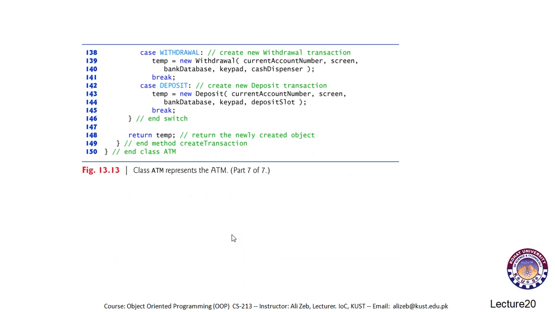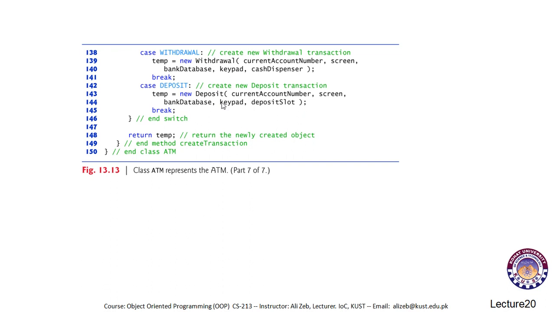Similarly, if the user has chosen cash withdrawal, we pass all of the details to the constructor of the withdrawal class and initialize our temporary variable to the object of the withdrawal class. Similarly, if the user has chosen the deposit, we initialize our temporary variable to the deposit class's object. And that concludes our ATM class.